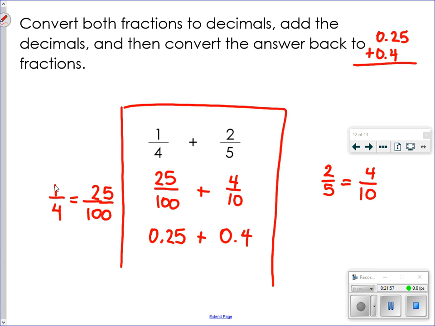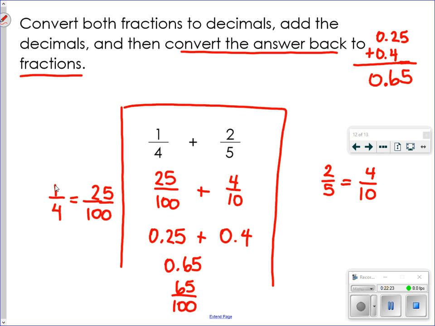In this case, this number here has no hundredths, so it's just 5 plus nothing, 2 plus 4, bring down your decimal, 0 plus 0. So that's 0.65. In other words, 65 hundredths, which now I can convert back to a fraction, which is 65 hundredths, right?